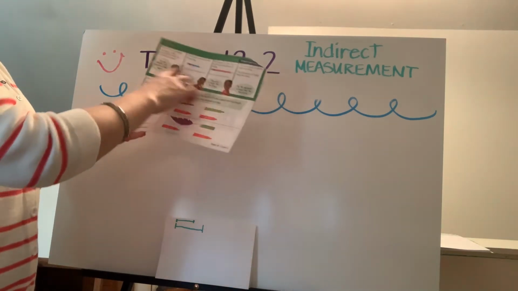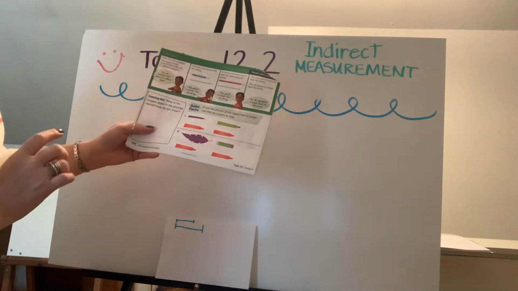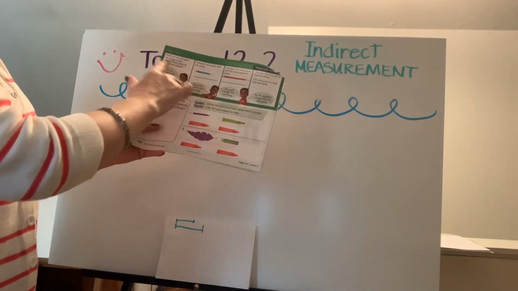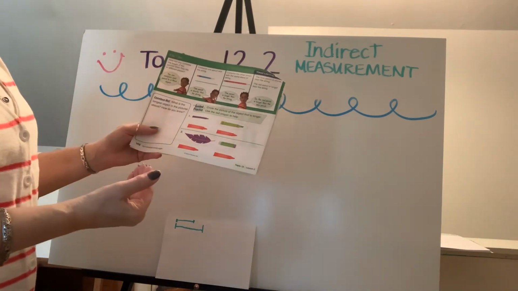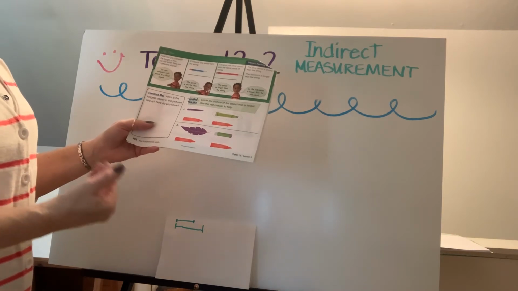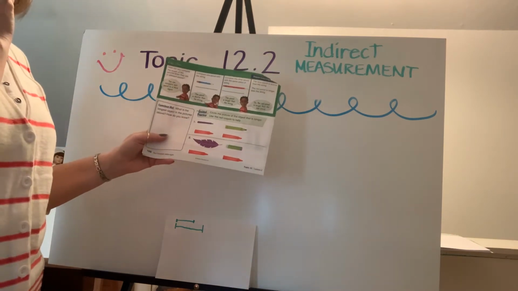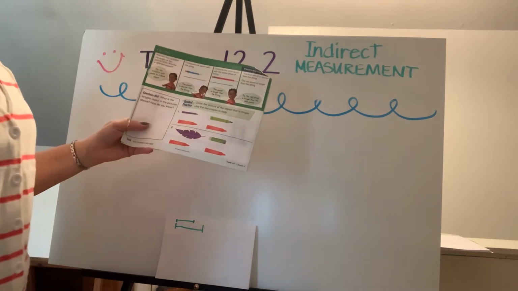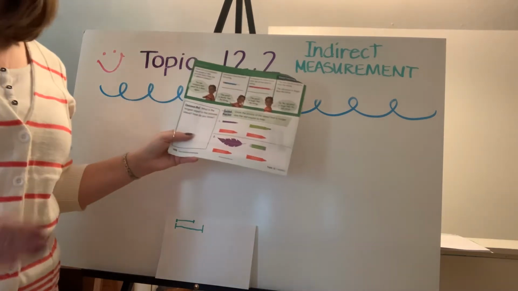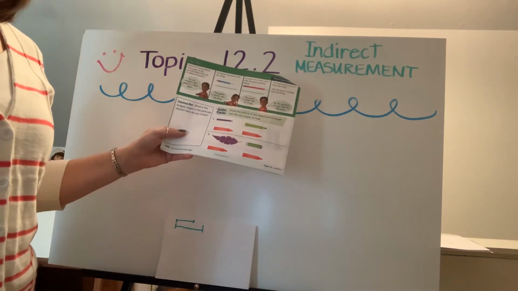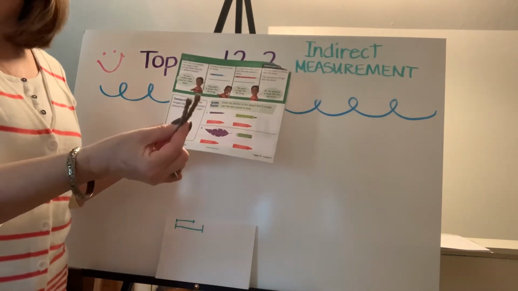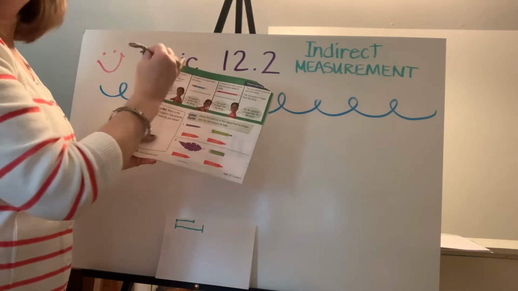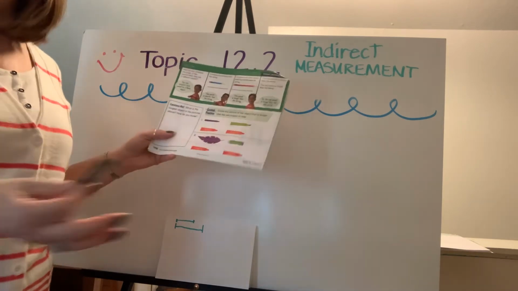Now, on this page, let's read the top, the green part together. How can you compare the length of two pencils when they are in different places? There's a pencil there, and there's a pencil there. Could I do the same thing? Could I use a piece of string or a piece of paper and I could cut them and then take that?